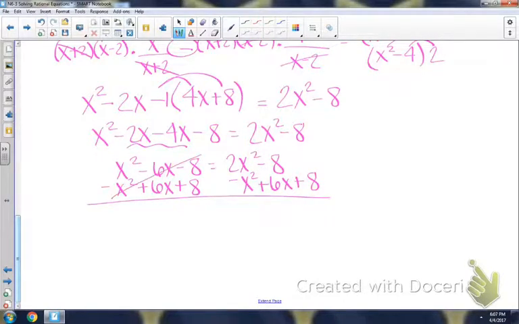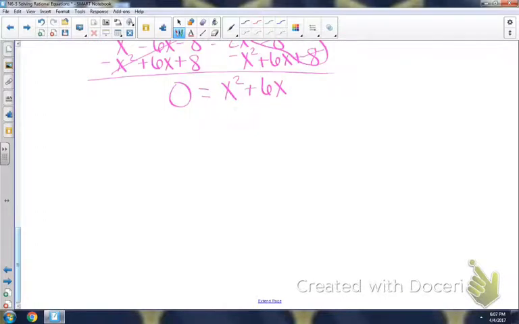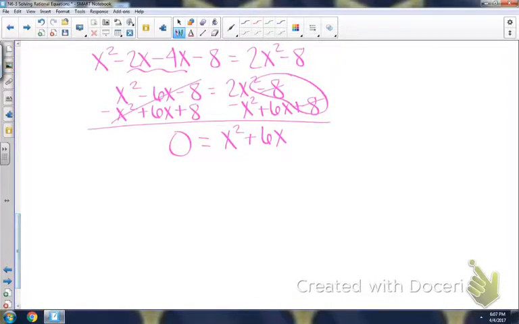So now I have a 0. 2x squared minus x squared is 1x squared. I can combine those two, which they cancel. And I have plus 6x. Okay, so once I've set it equal to 0, I'm going to use factoring to solve it.